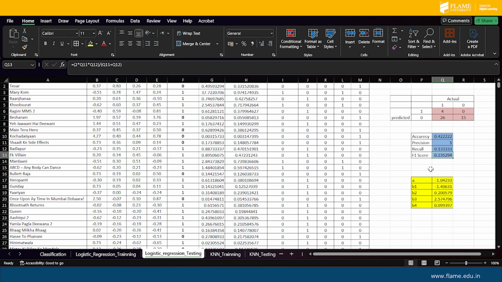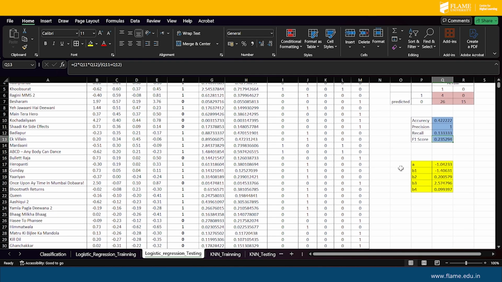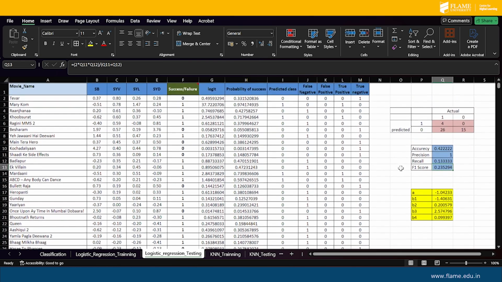If you check all these values, accuracy, precision, recall, and F1 score, they should be within 0 to 1. If it is crossing 1, then definitely there is an error or some mistake while calculating these values. So this is the performance measurement of any classification model.